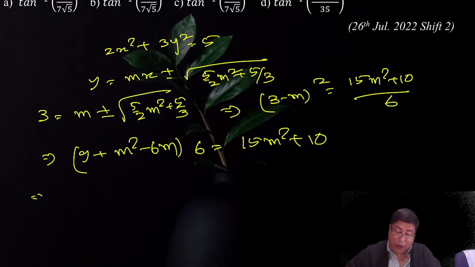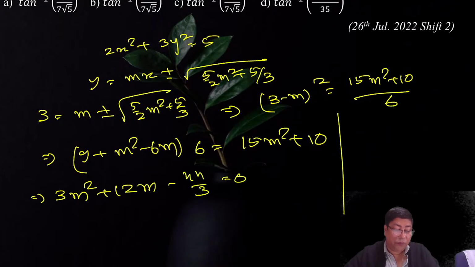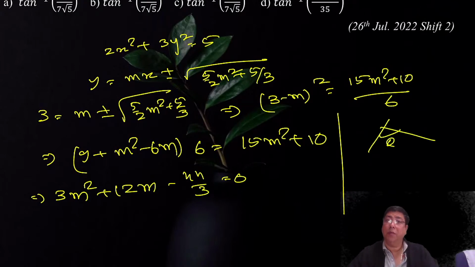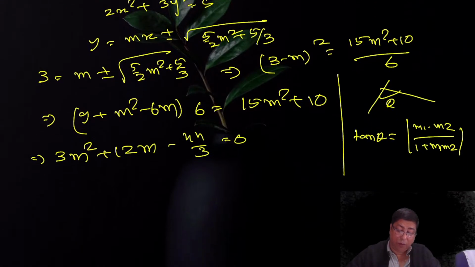So we can write 3 m square plus 12 m minus 44 by 3 equal to 0. If theta be the angle between the tangents, tan theta equal to mod of m2 minus m1 by 1 plus m1 m2. I am giving the mod because we don't know which is greater.